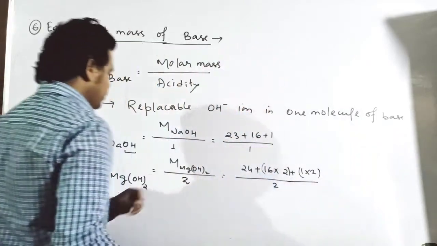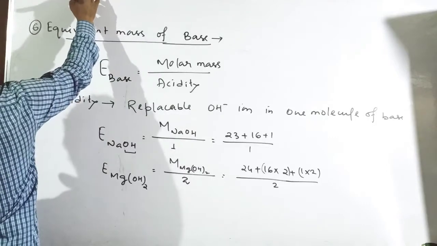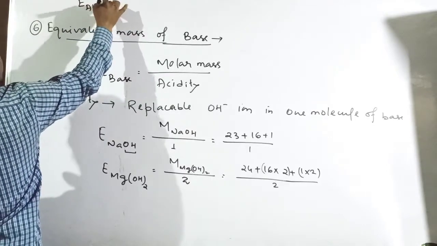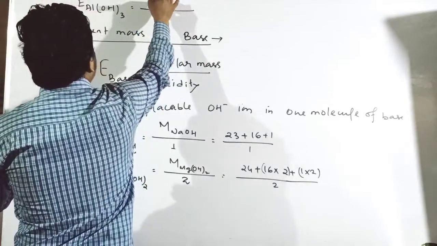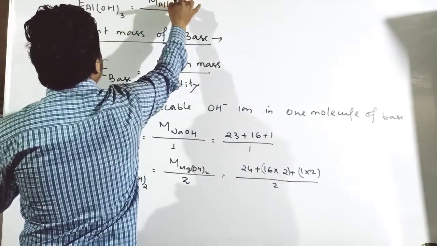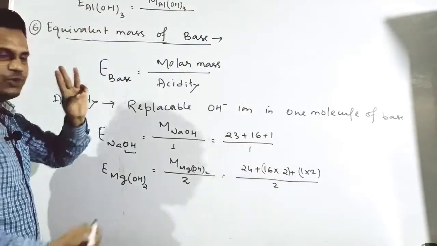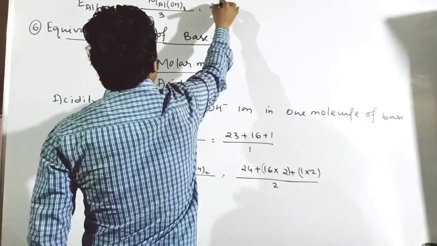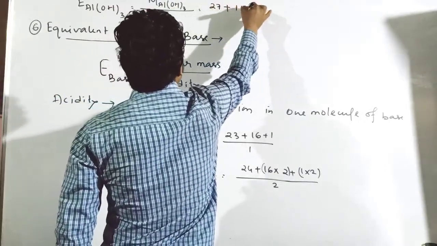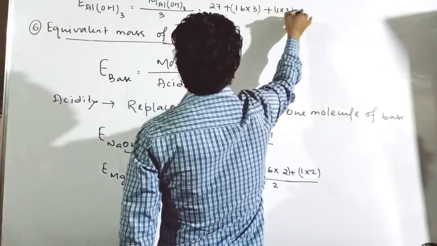You can simplify now. So in this way, suppose equivalent mass of aluminium hydroxide, what will be the result? So the formula: molar mass of aluminium hydroxide by replaceable OH groups, how many? 3. So by 3. So aluminium 27, oxygen 16, 3 times, plus hydrogen 1, 3 times, by 3.